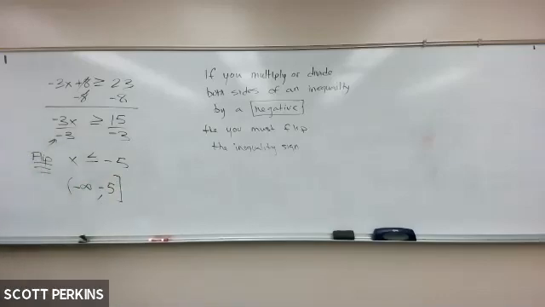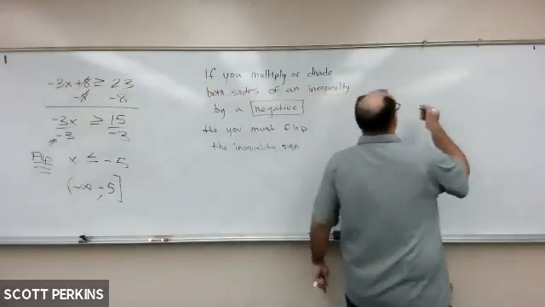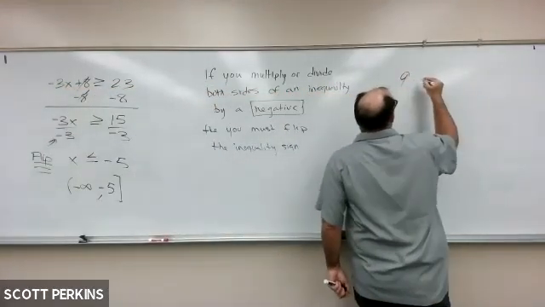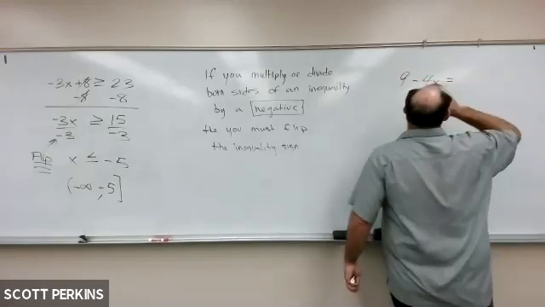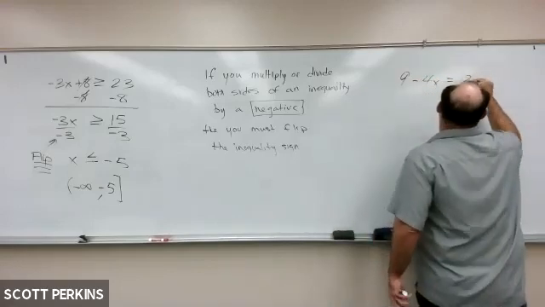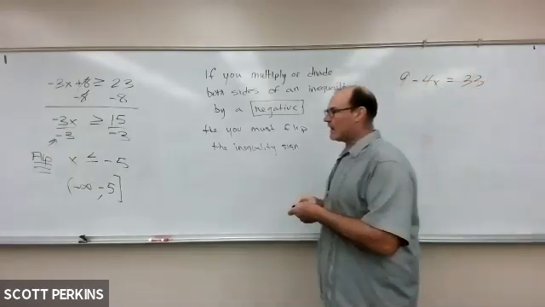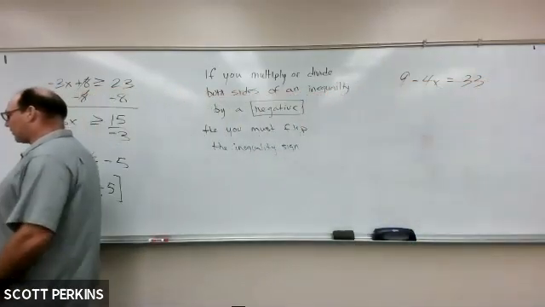All right, here's one just like that for you. Okay, I want you to get your feet wet doing this. So let's have 9 minus 4x is equal to, let's say, 33. 9 minus 4x is equal to 33.